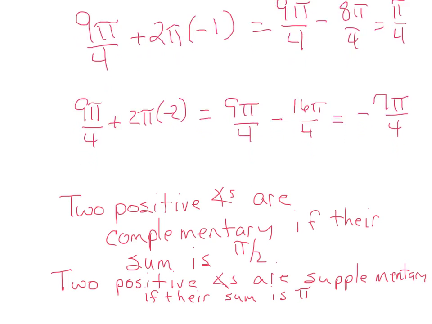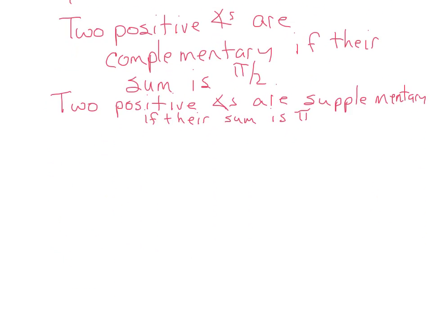Okay, so let's think about this with this definition. If I have 2 pi over 5, if possible, if there are complementary and supplementary angles, I want to find out what they are. So if we're thinking complementary, and I'm just going to abbreviate, complementary angles, two positive angles whose sum is pi over 2.